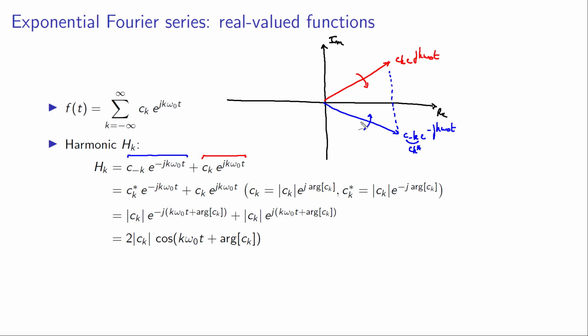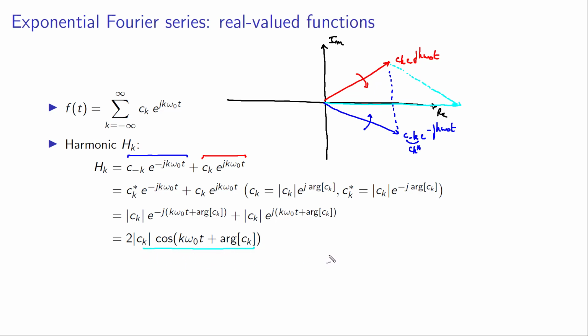So if you take this one and put it over here and take the vector sum, what you obtain is indeed something that has no imaginary part, and this is what we see over here.